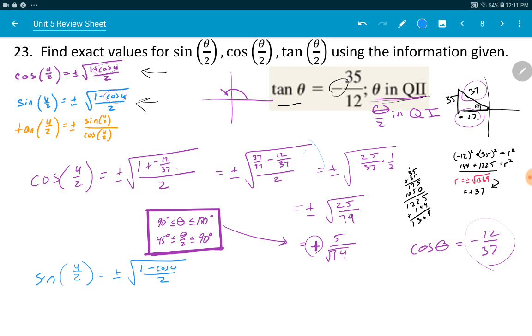We had a plus here, and now we're going to have a negative minus a negative, which gives me a positive. So I'm going to keep that 1 as 37 over 37, and then I'm going to add instead of subtract. All that over 2, still under the square root, which gives me plus or minus the square root of 37 plus 12.